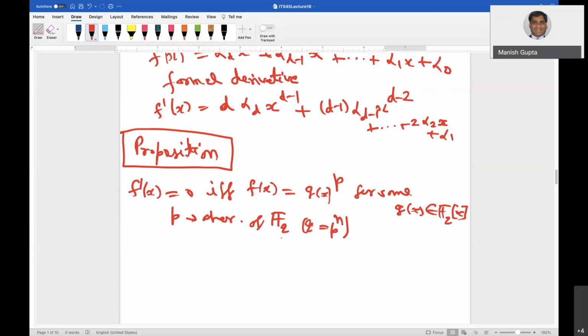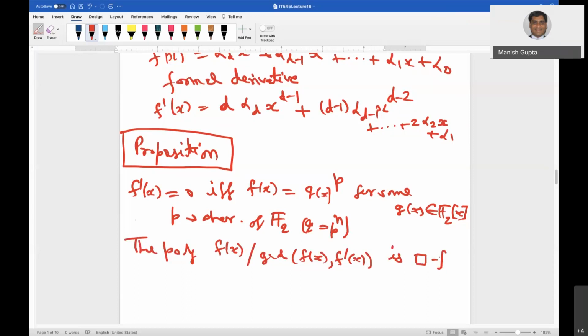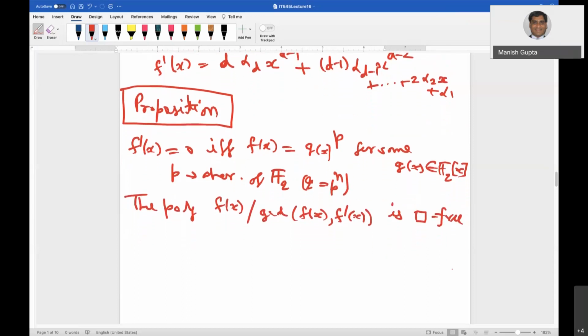Further, the polynomial f(x) divided by gcd of f(x) and f dash of x is square free. The polynomial f(x) divided by gcd of f(x) and f dash of x is square free. I would like to show this.